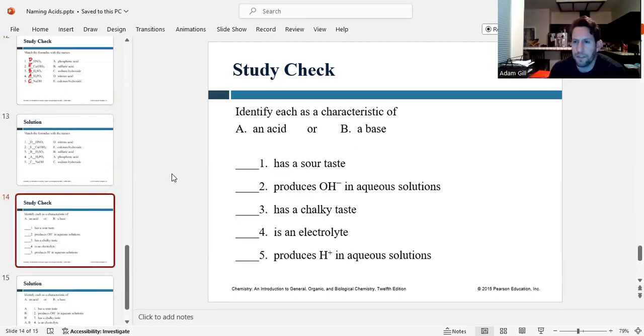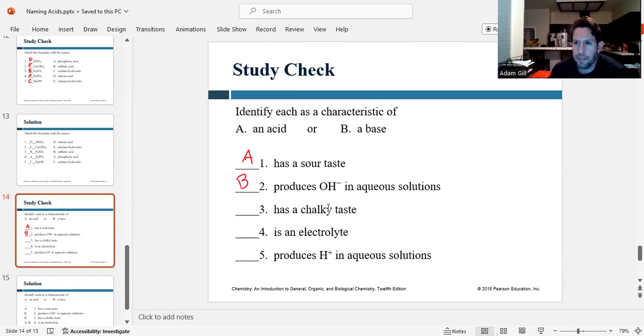Let's do one more study check. Identify each as a characteristic of an acid or a base. So sour taste. Well, anything that's acidic is a sour taste. So that's going to be an acid. Produces hydroxide ions in aqueous solution. Well, that's going to be a base, right? Bases give OH minus.